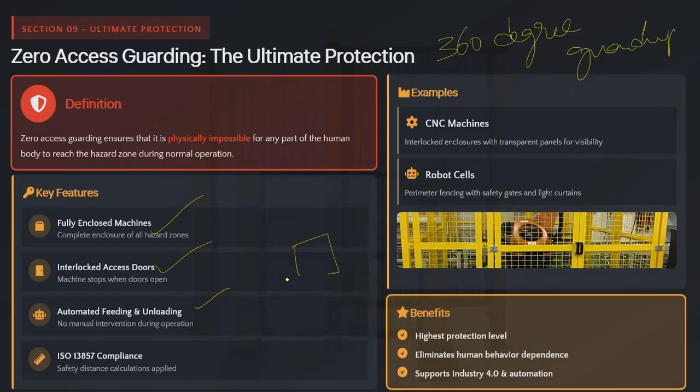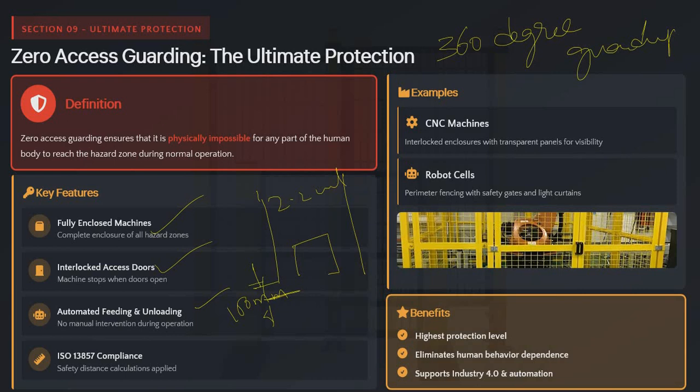Suppose there is a machine, whenever you do the guarding, the minimum requirement height is 2.2 meters. And if there is a gap at the bottom of the guarding, it should be a maximum of 150 mm. So this kind of thing we need to consider.